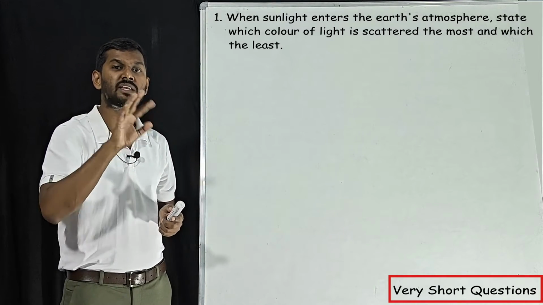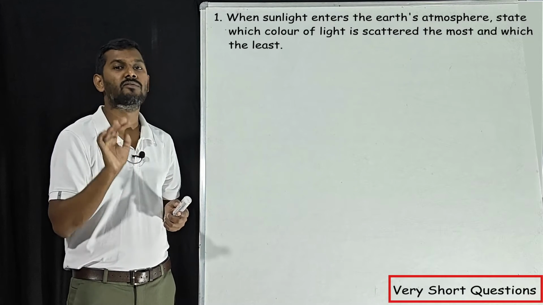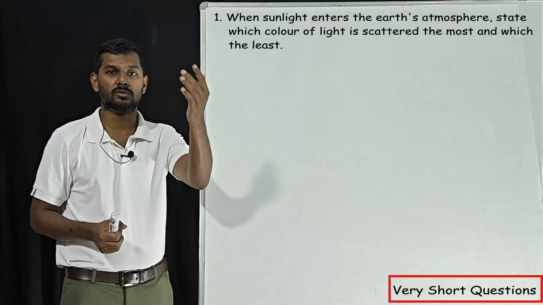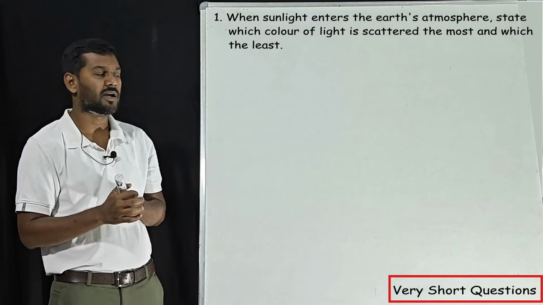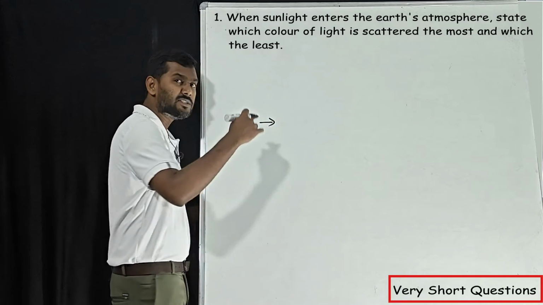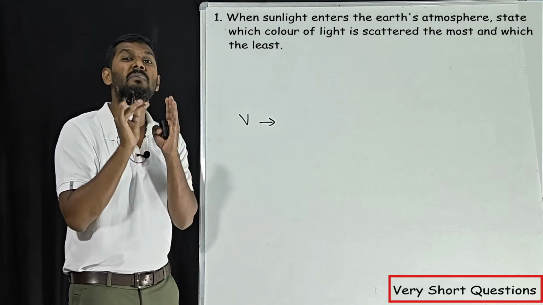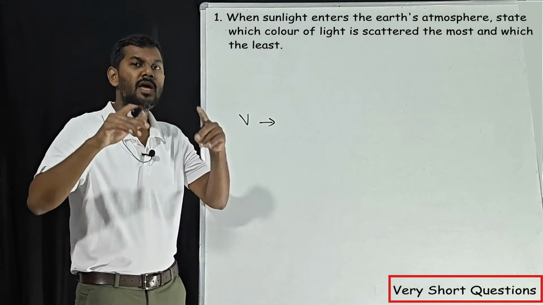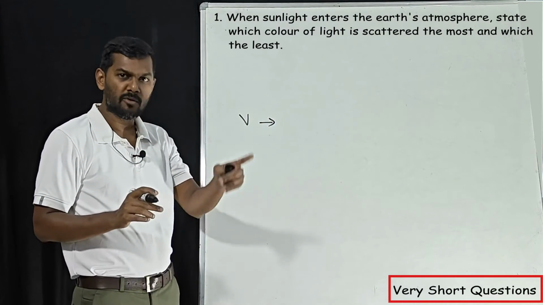Scattering is inversely proportional to wavelength. Minimum wavelength will scatter more. Just now we have learnt violet has the minimum wavelength. To get scattered more, it has to have minimum wavelength.